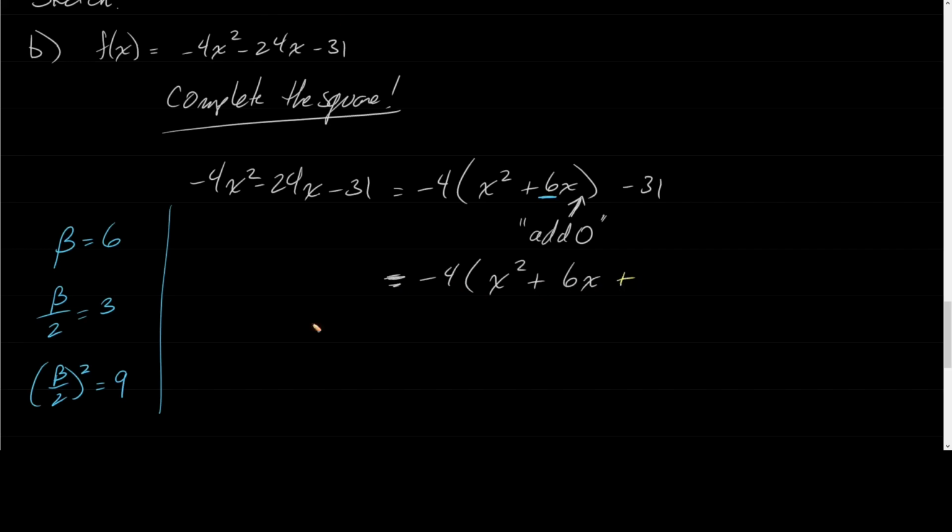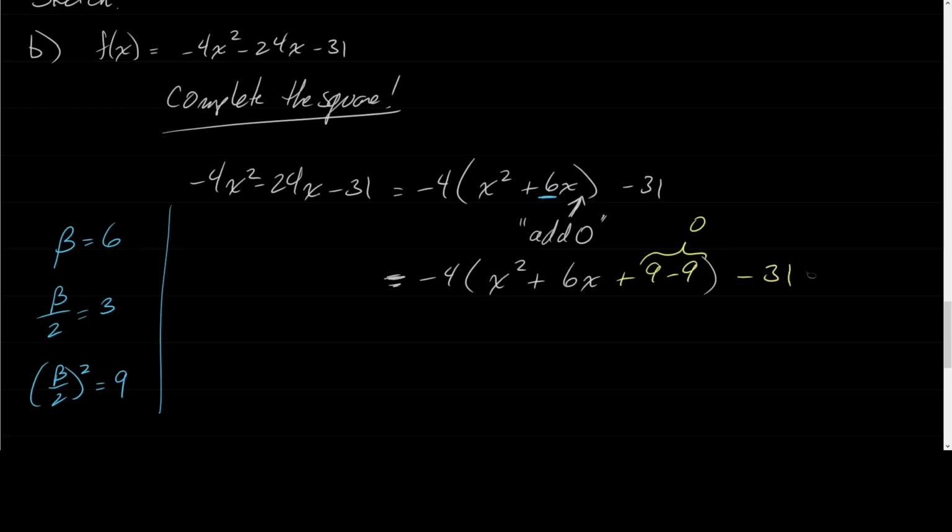I'm going to say plus 9 minus 9. Notice that 9 minus 9 is just the same thing as saying 0. And we still have this minus 31 on the outside.